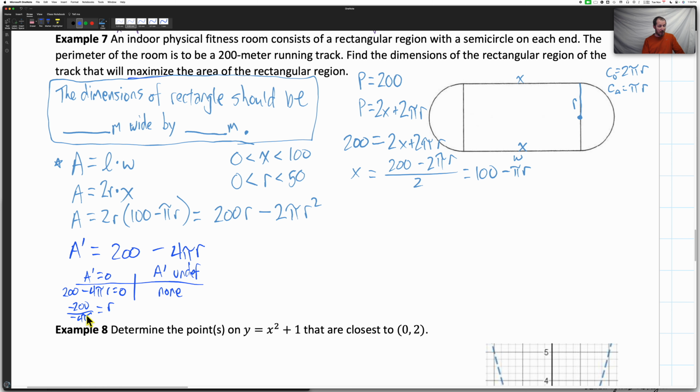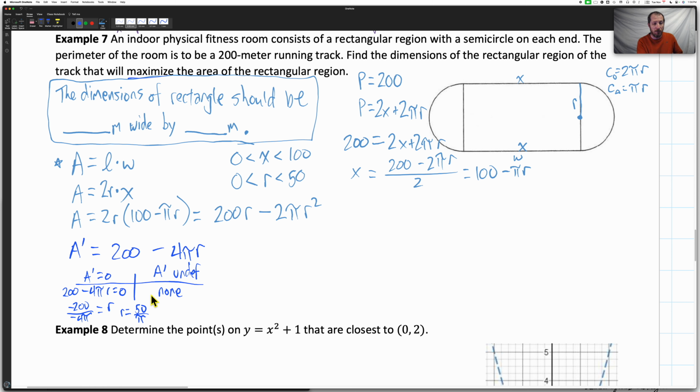Negative divided by negative is a positive, and 200 divided by 4 is 50. So we've got r equals 50 over pi.